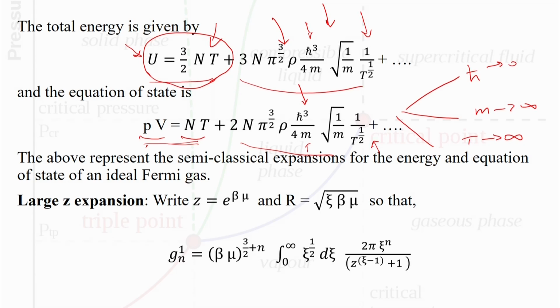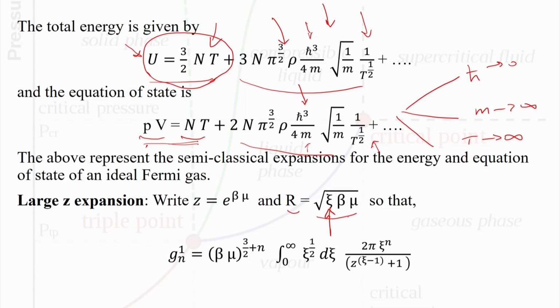In order to do this, I am going to reparameterize my integration variable. Remember, there was some r which was dimensionless. I am going to rewrite it in terms of another dimensionless quantity called xi. So, I am going to redefine r to be this.